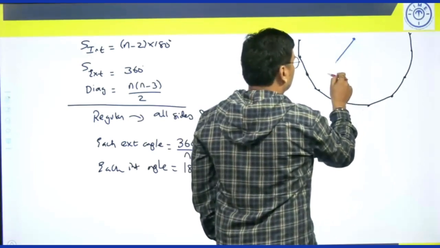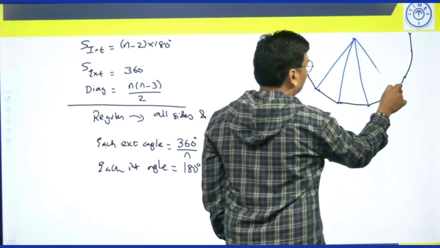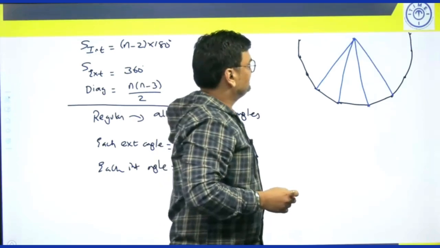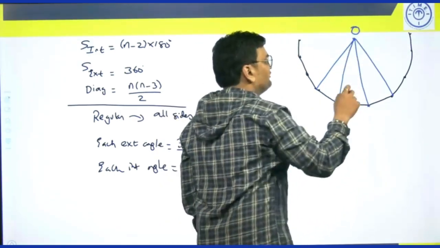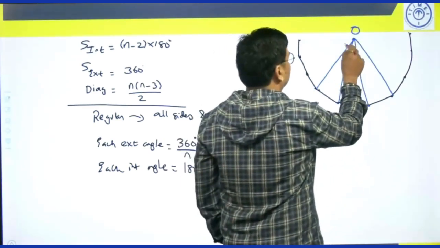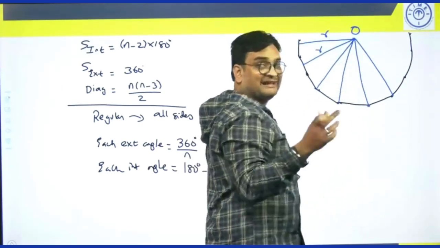If I connect it to all the vertices, these will all be equal. It's called the circumradius. And the center, point O, will be equidistant from all the sides also. If I connect O to each side with a perpendicular distance, this will be the smaller radius.